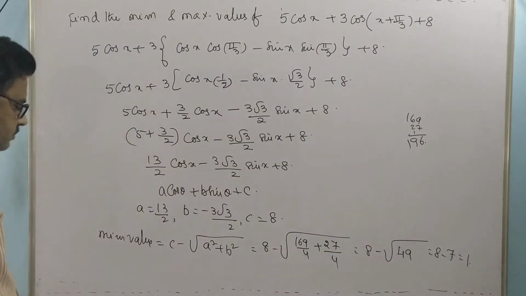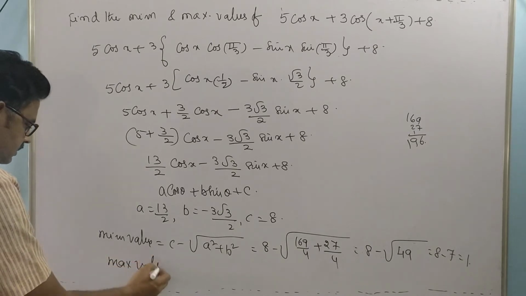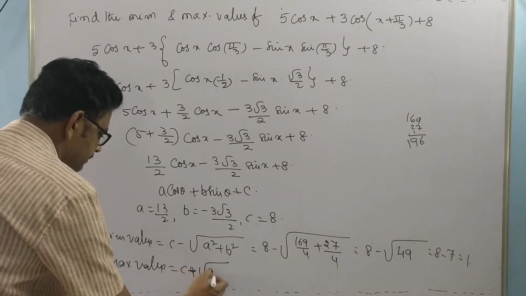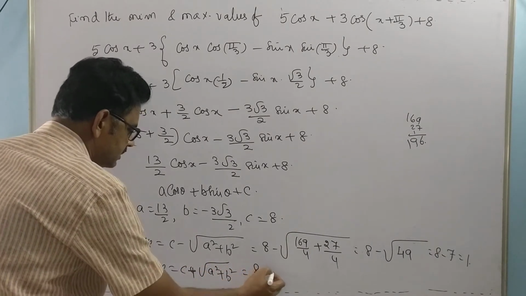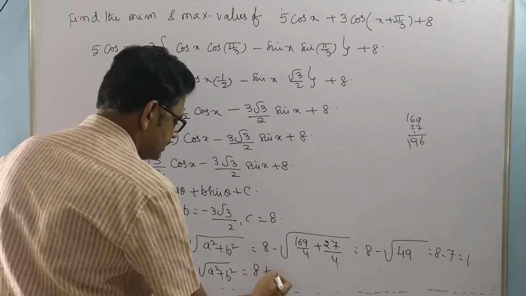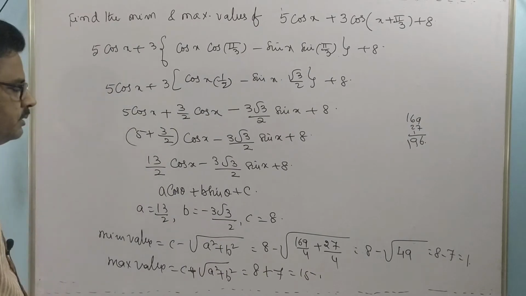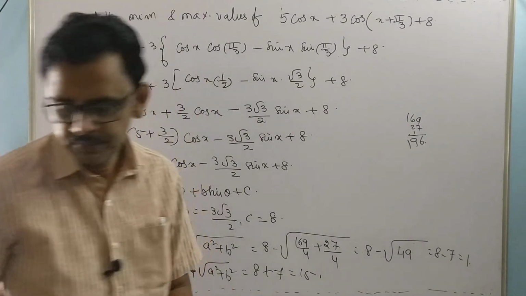So the minimum value is 1, and the maximum value is c plus root of a square plus b square, that is 8 plus 7, equal to 15. So the minimum value is 1 and the maximum value is 15.